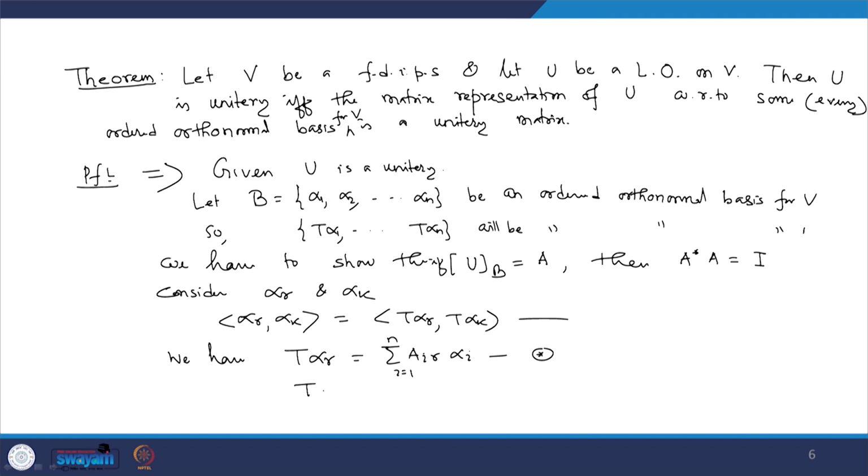And similarly, T alpha k will be what? In the case of k, it will be the kth column. So, it will be sigma A j k alpha j, j equal to 1 to n.